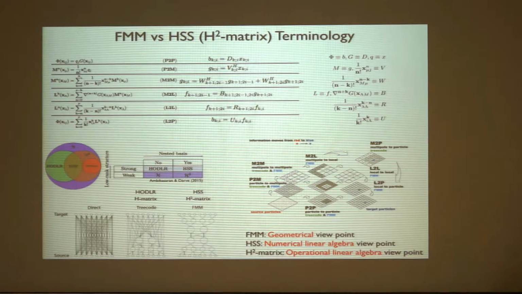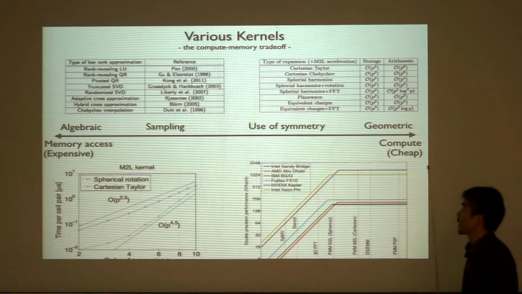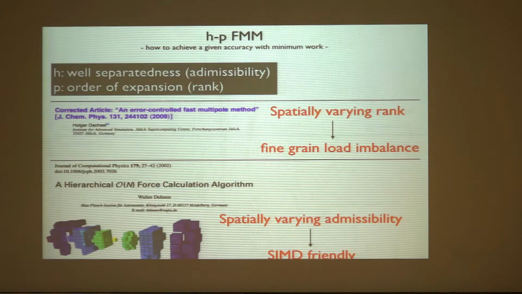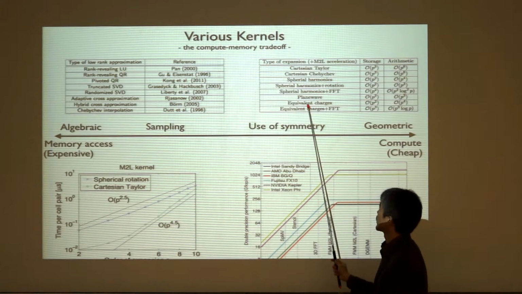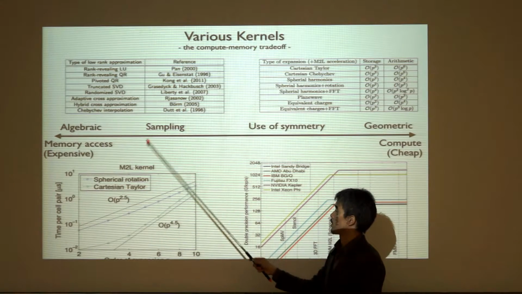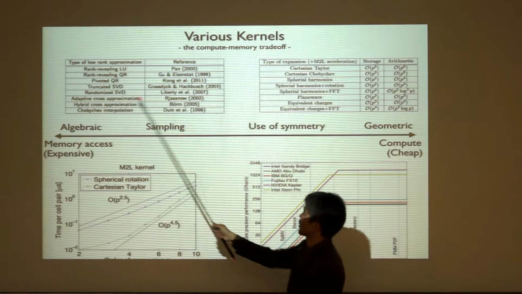So in that sense, it can be thought of as a sampling technique. And so basically that's why I said these equivalent charges lead to the idea of sampling eventually. I'm not saying that this thing and this thing are the same.